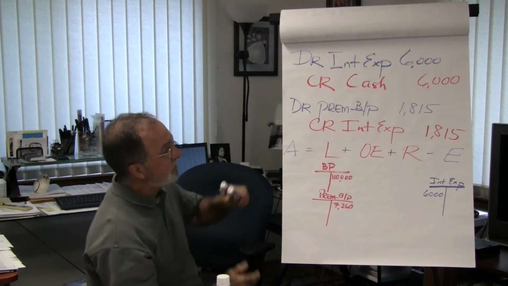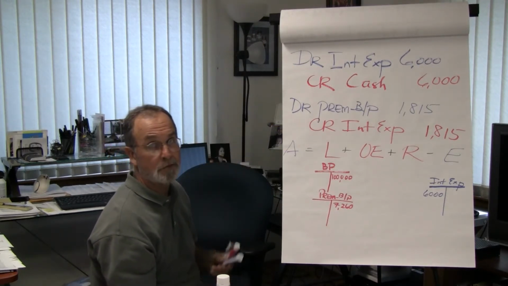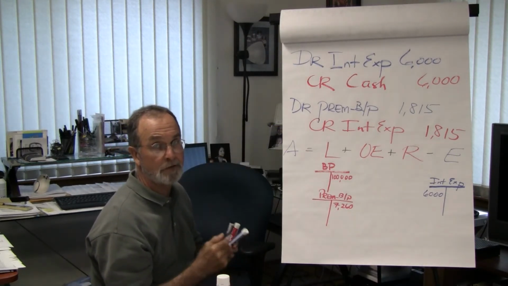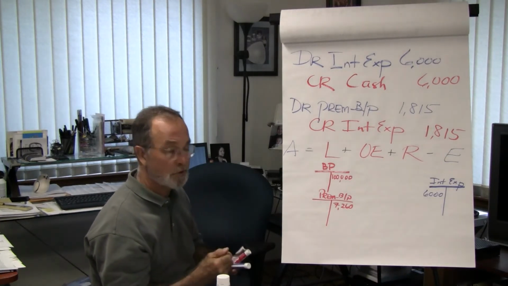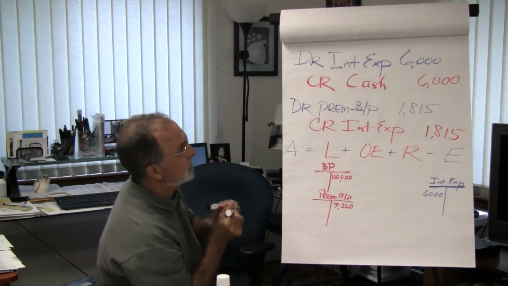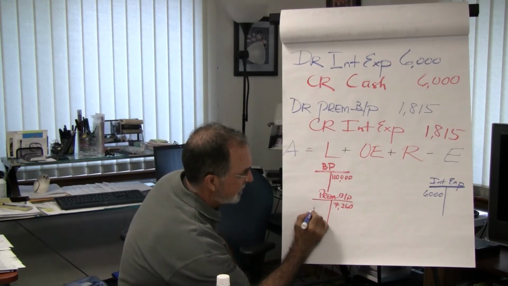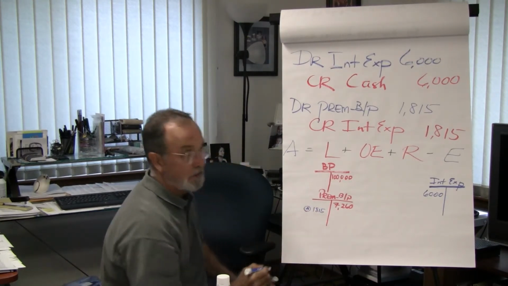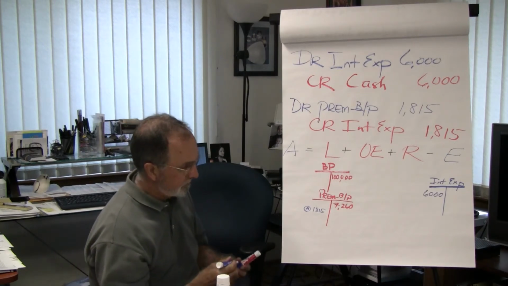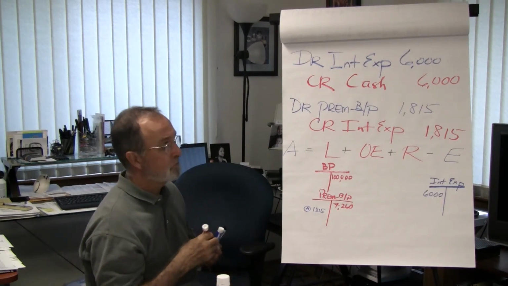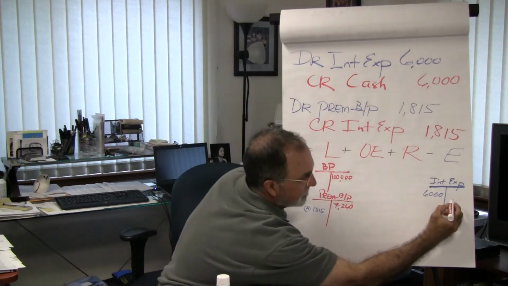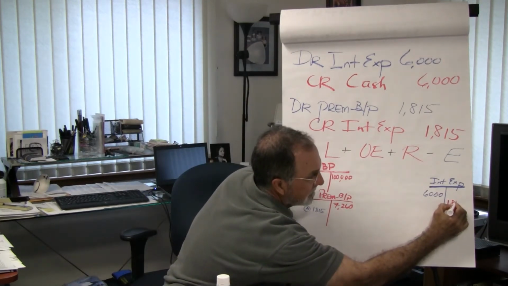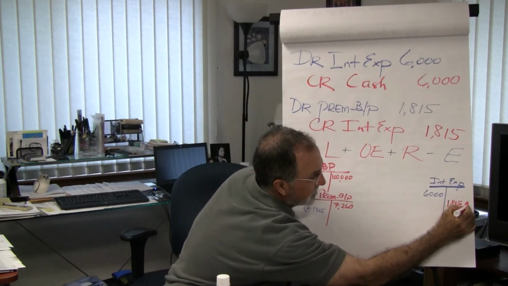And then when we make the second entry to record the amortization of the bond premium, we will decrease bond premium by $1,815, and we will decrease our interest expense by a similar amount.